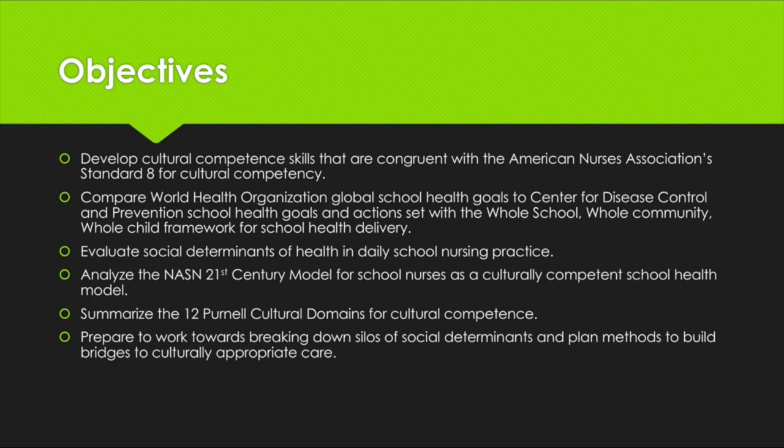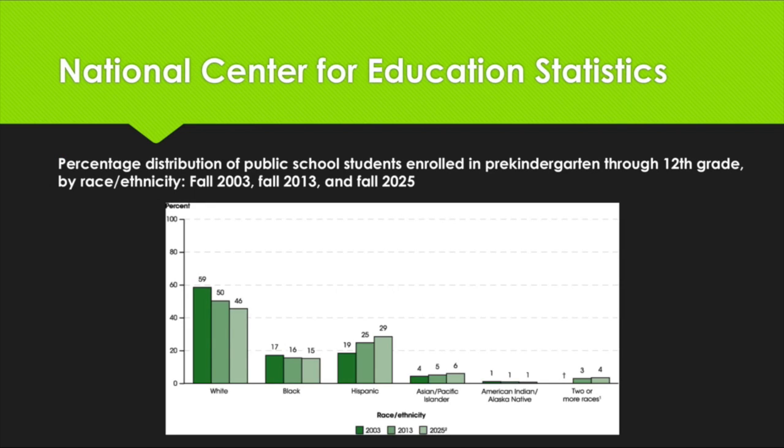We're going to evaluate social determinants of health in daily school nursing practice, analyze the National Association for School Nurses 21st Century Model for School Nurses as a culturally competent school health model. We're going to summarize the 12 Purnell cultural domains for cultural competence, and we're going to be prepared to work to break down those silos of social determinants that are still in existence and plan methods to build bridges to culturally appropriate care for our patients.